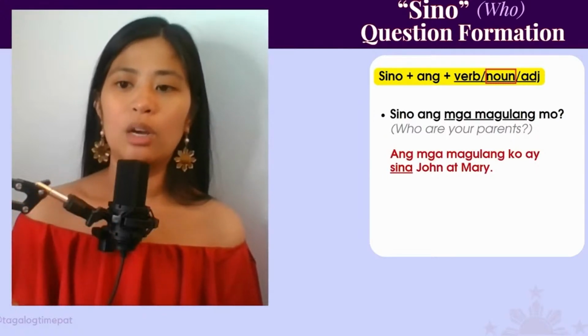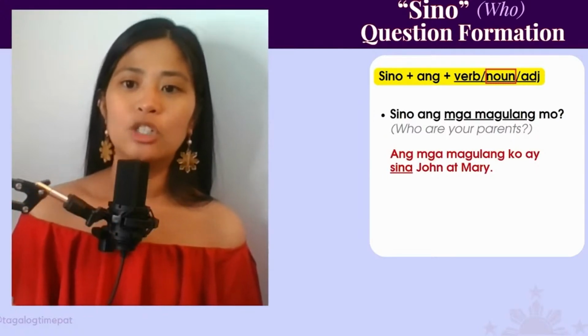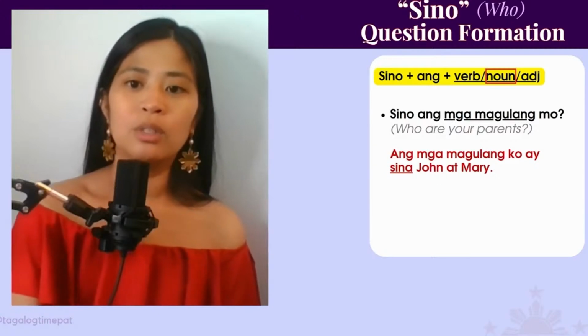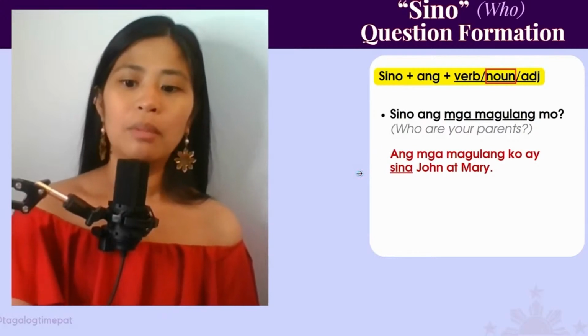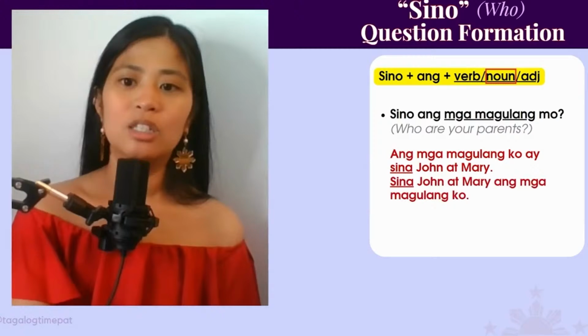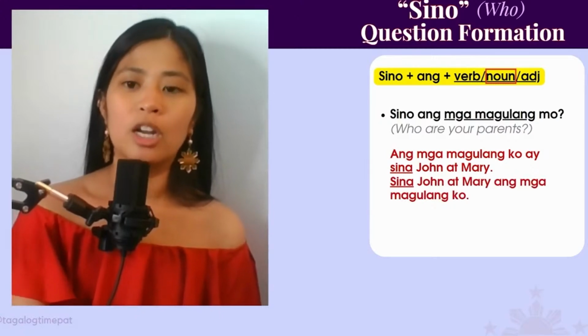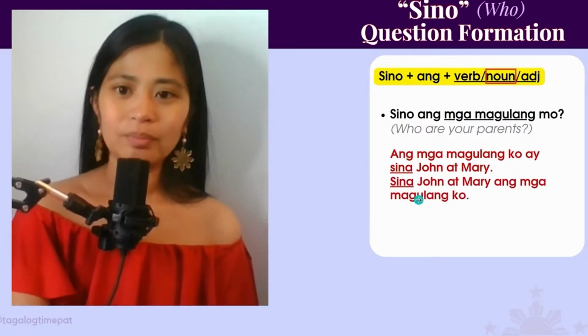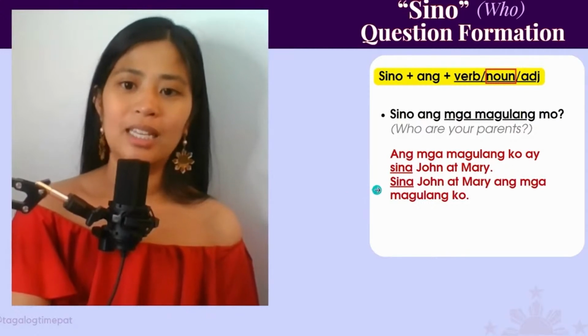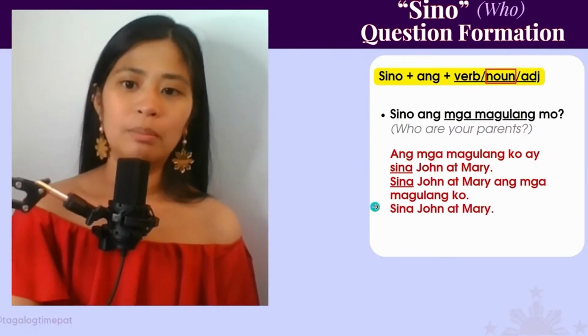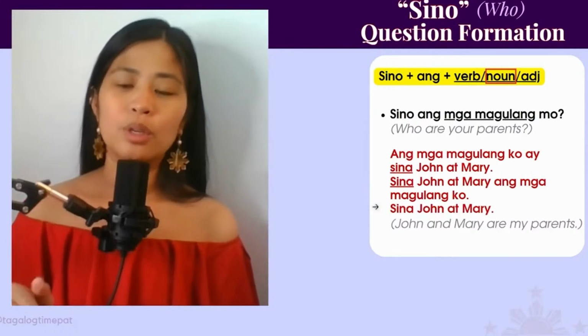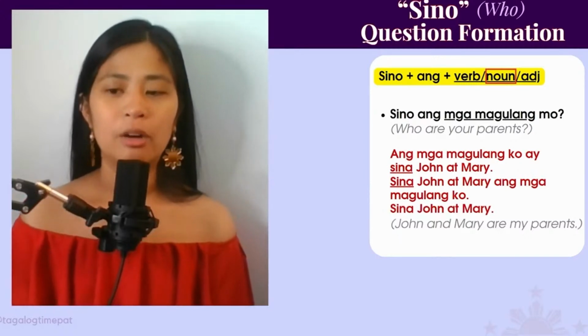Ang mga magulang ko ay sina John at Mary. So that's what I was just saying. Si is for one person, sina is for more than one person. So, ang mga magulang ko ay sina John at Mary. My parents are John and Mary. Another way to say it is sina John at Mary ang mga magulang ko. Or sina John at Mary. So those are the different ways to say John and Mary are my parents.